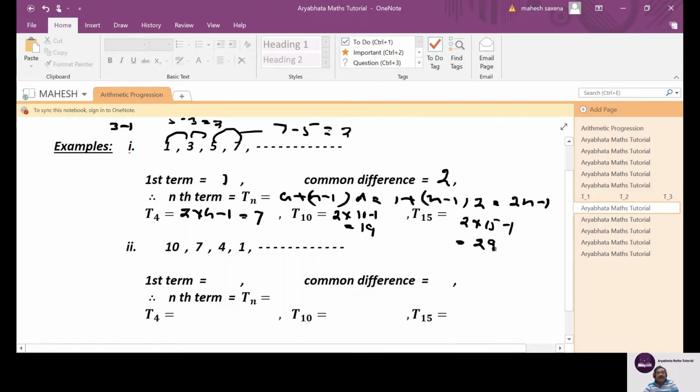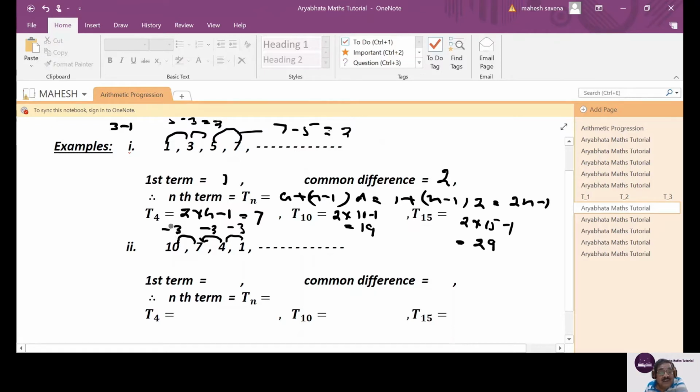Similarly, the second example is that the terms are 10, 7, 4, 1. If we take 1 minus 4, it will be minus 3. Similarly, 4 minus 7 will be minus 3, and 7 minus 10 is also minus 3.